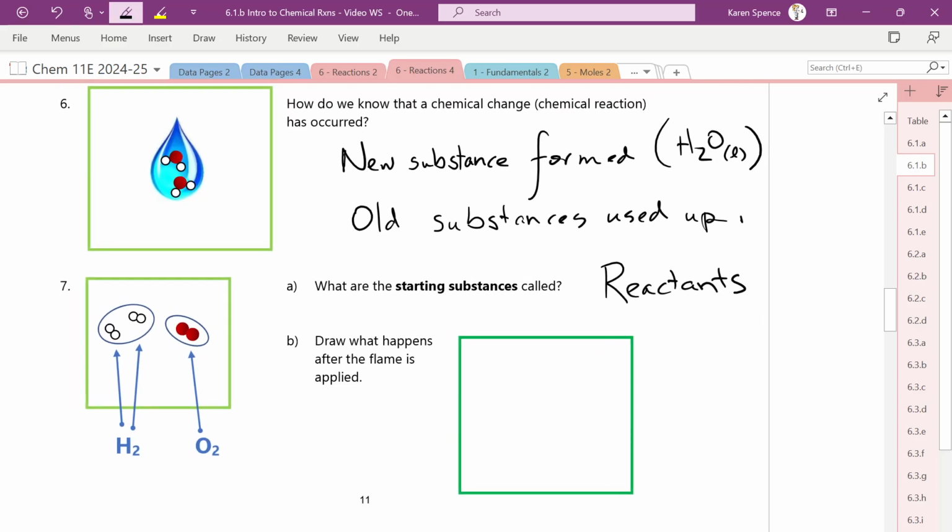Do you think that you could take this and draw what happens just after the flame is applied? What would that look like? Something like that?